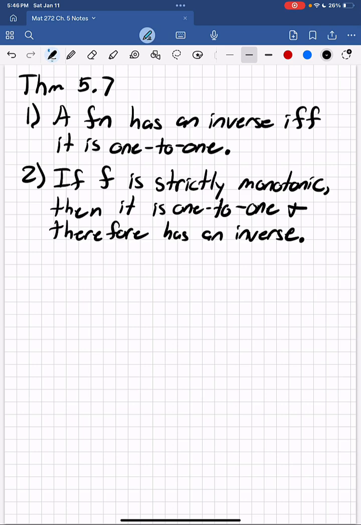So let's look at a function like this. Let's say f of x is equal to the natural log of x minus 4. If I don't know what this looks like, and let's say I don't have an easy tool, I'm going to have to restrict x to be greater than 4, because you can't take the natural log of a negative.